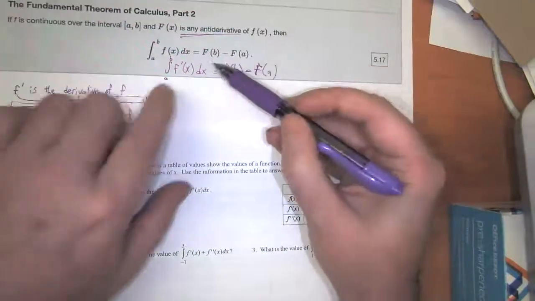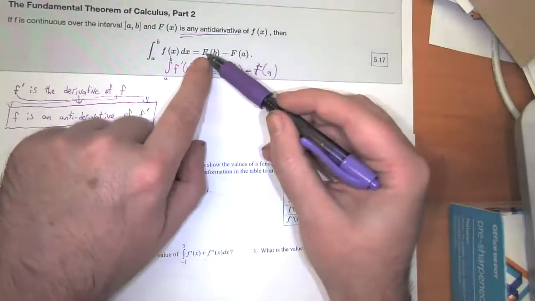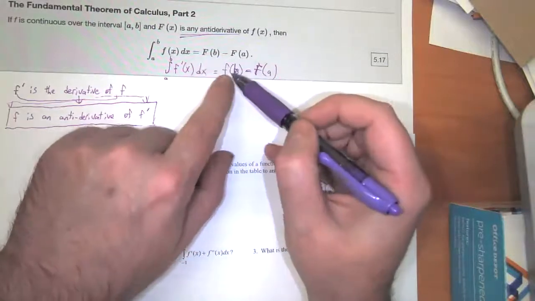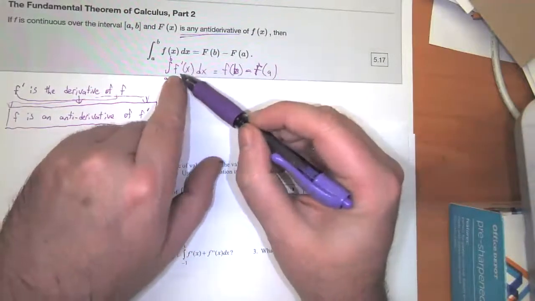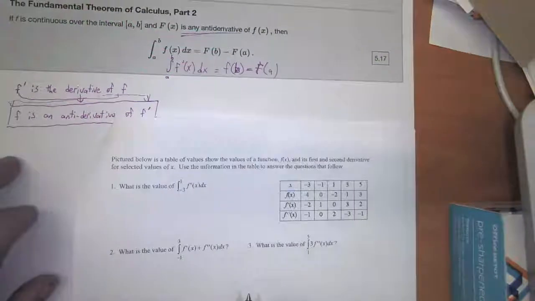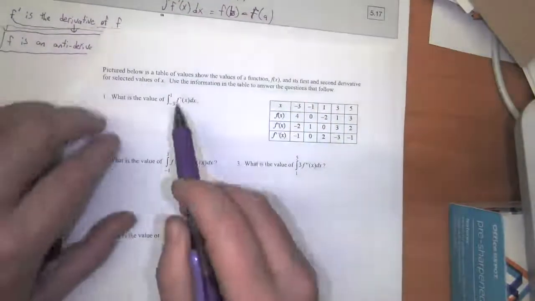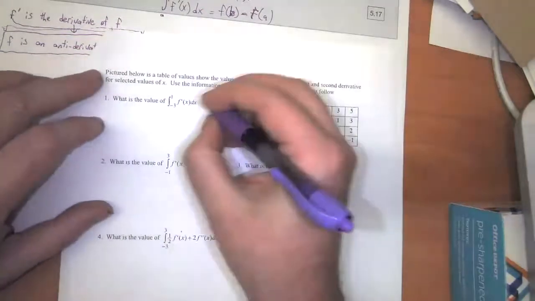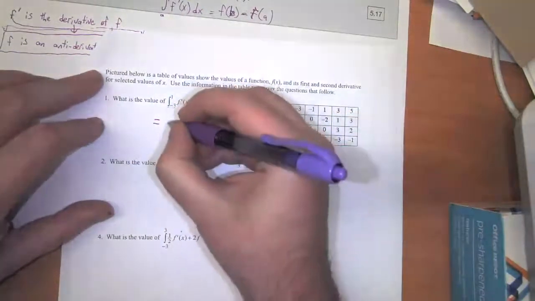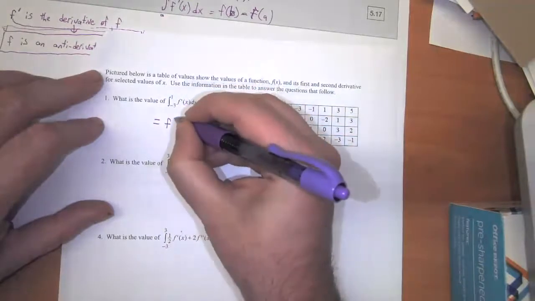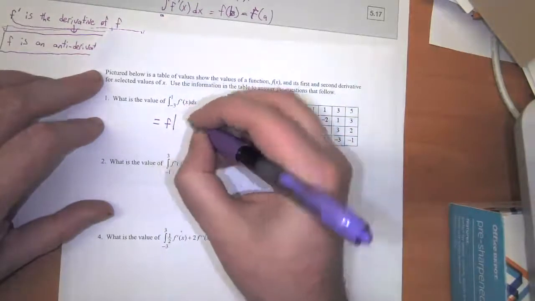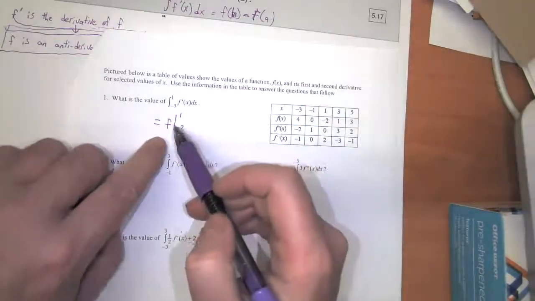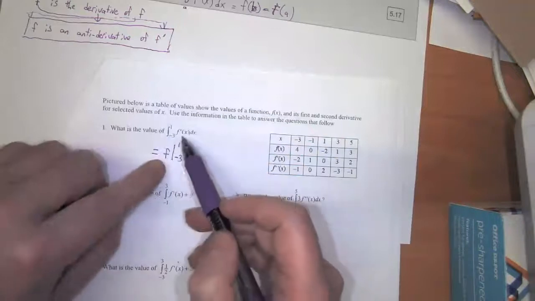This is just the same thing, except instead of big F being an antiderivative of little f, I am saying that f is an antiderivative of f prime for any function at all. How does that help us solve this problem? Well, this is equal to f evaluated from -3 to 1, because f is an antiderivative of f prime.